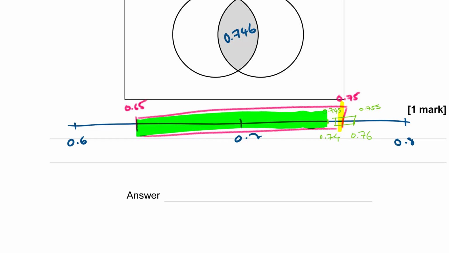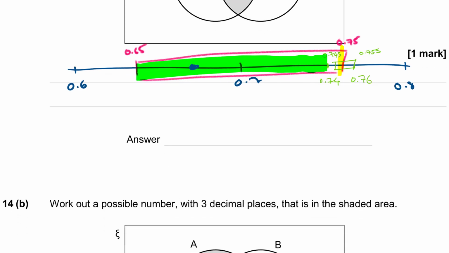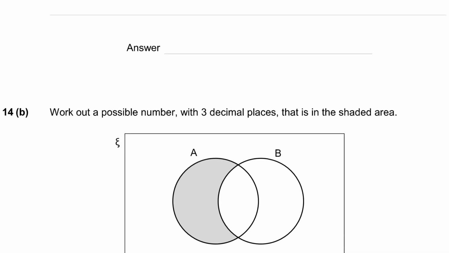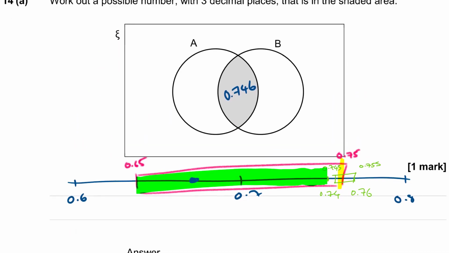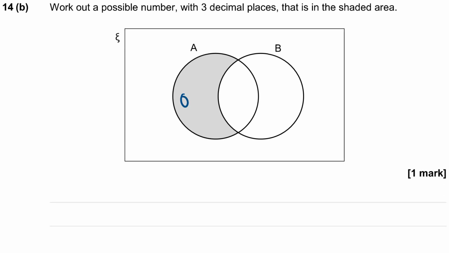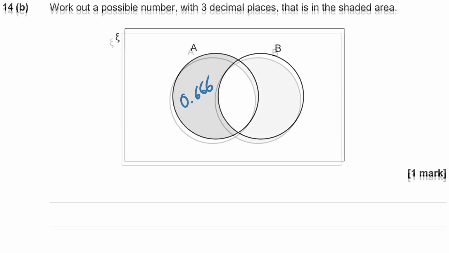It just needs to be any number to 3 decimal places. So I'm going to pick 0.666. Don't know why that number came into my head, but that one rounds to 0.7, but obviously doesn't round to 0.75 to 2 decimal places.